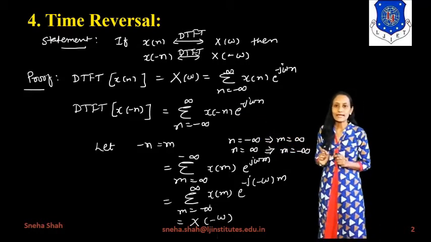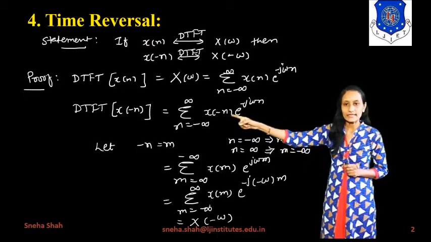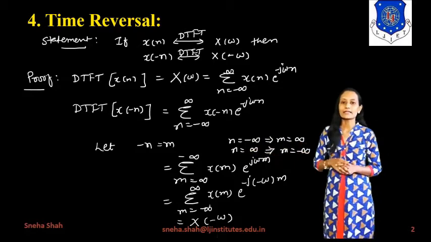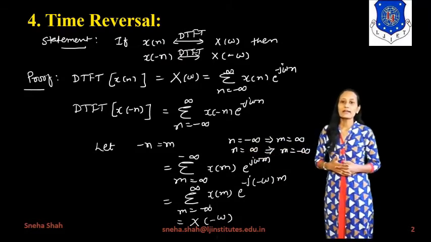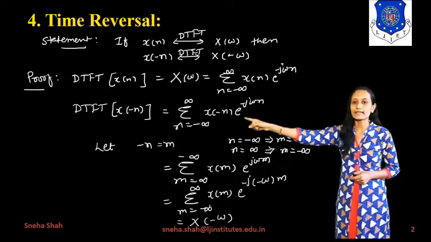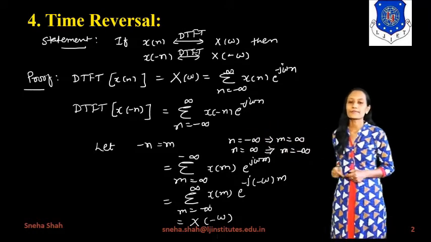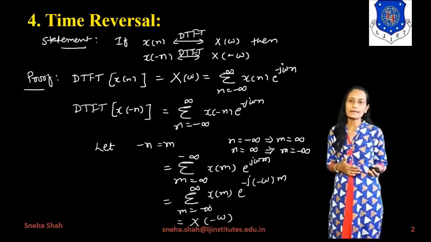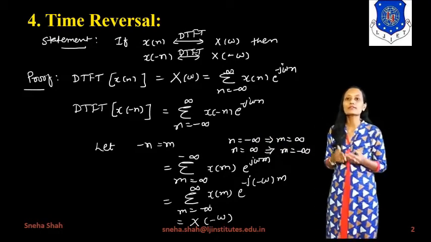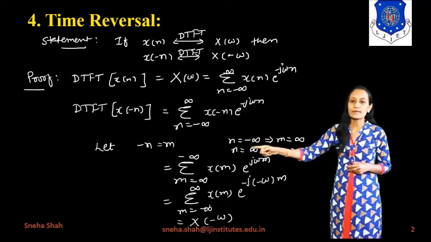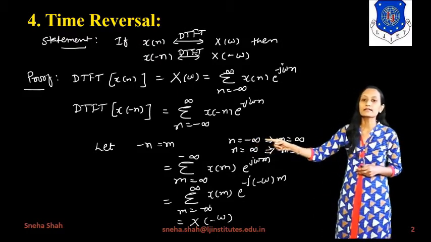Now, as you know, if this kind of term is there, then instead of this n we can take another variable, like m. So let us take minus n equals m. What will be the range of this new variable m? To find the range, instead of n equals minus infinity, we put in m.